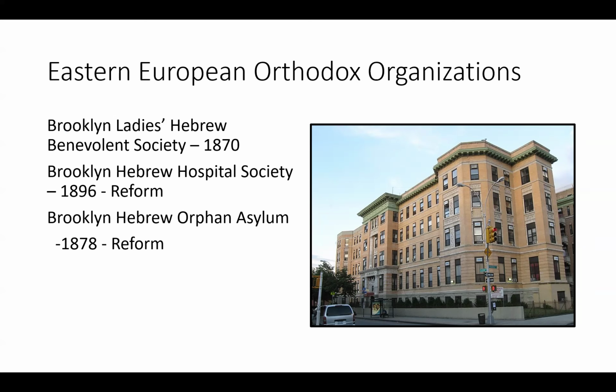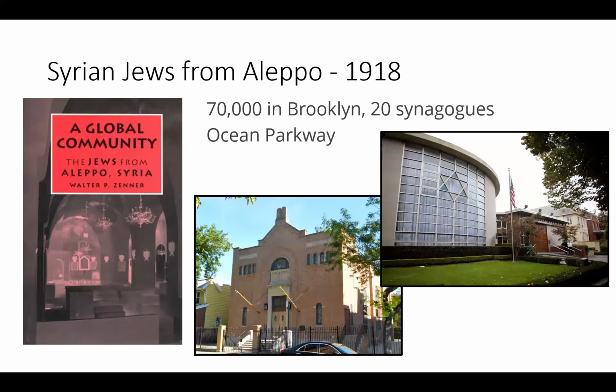Brooklyn Ladies Hebrew Benevolent Society, Brooklyn Hebrew Hospital Society, that one was Reform. Brooklyn Hebrew Orphan Asylum by the Reform Jews, and the various Orthodox groups also built their own hospitals, their own orphanages, their own yeshivas and schools.